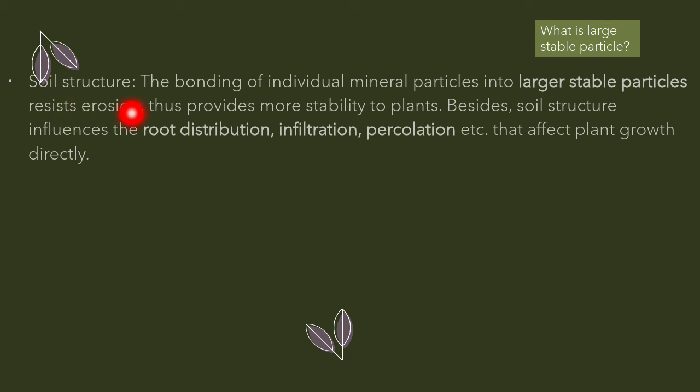Soil structure: the bonding of individual mineral particles into large stable particles resists erosion. You can imagine there is a large stable particle made of mineral particles. Large particles made of mineral particles resist erosion, thus providing more stability to plants.